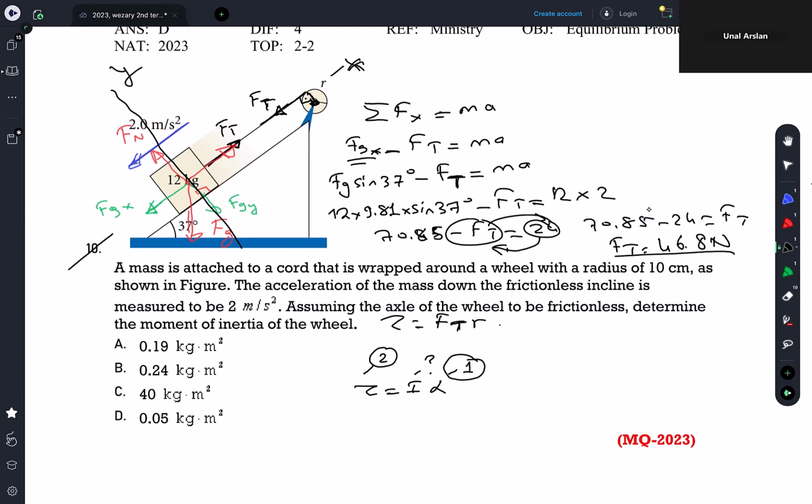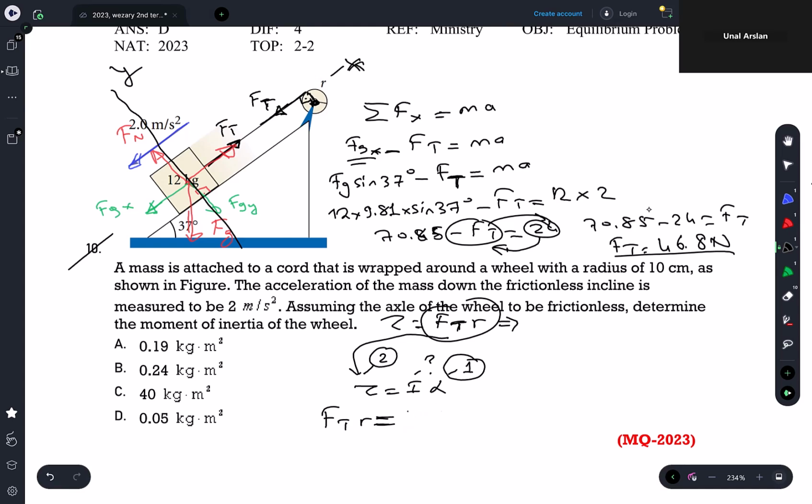Then I'm going to write this Ft in place. Or you can write this Ft times R directly in here, so they will simplify. Ft times R is going to be the moment of inertia equation for a disk, 1 over 2 R squared. Pardon, we are going to calculate the moment of inertia, sorry.